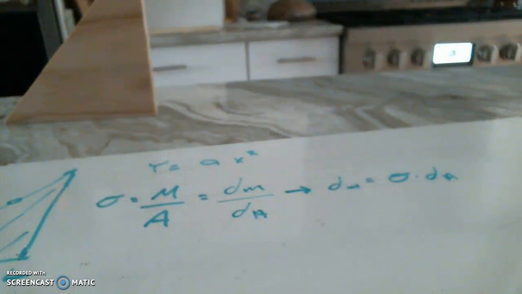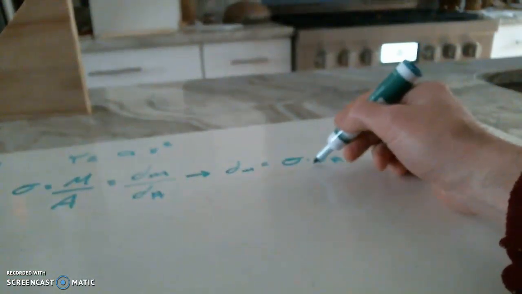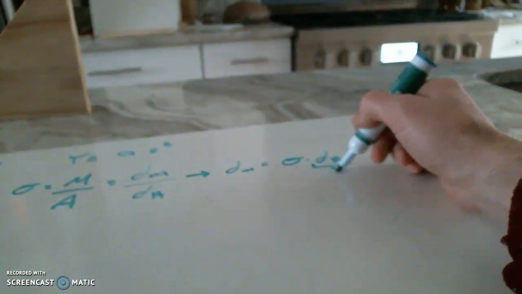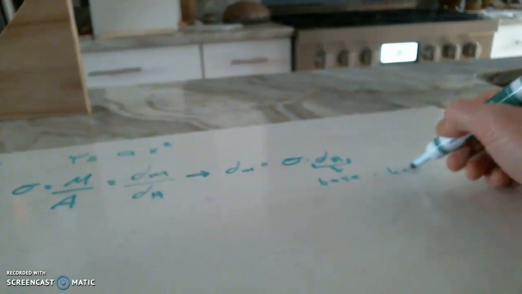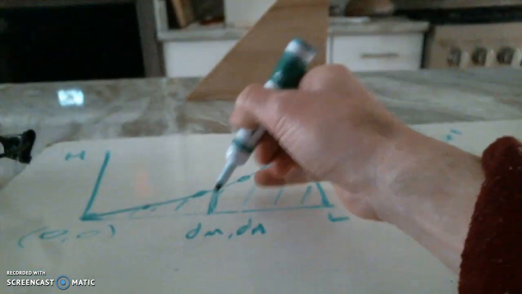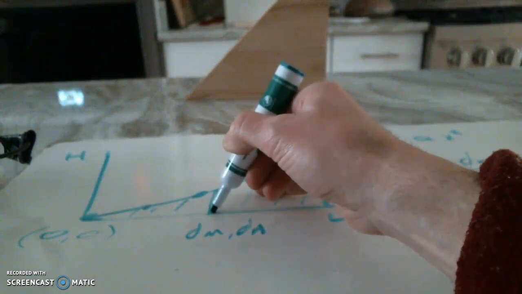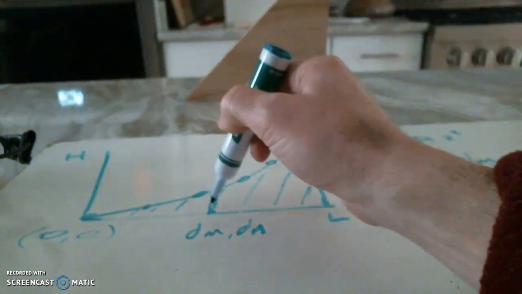Remember, any given area is simply a base times a height, isn't it? A length times a width, whatever, a base times a height. So this differential area is going to be a base times a height. That base for our differential area is simply the thickness of this thin little sliver, which you should all know by now.